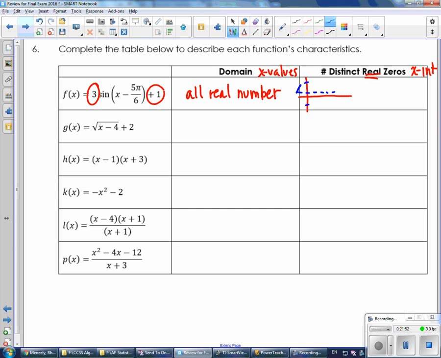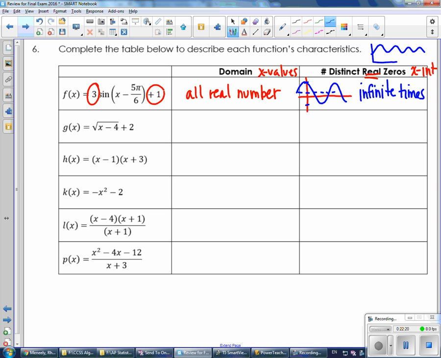So my graph is going to have to cross the x-axis. And because a sine function goes on and on forever and ever, it's going to cross the x-axis an infinite number of times. But you do have to be careful because it's possible to have a sine function that never crosses the x-axis.